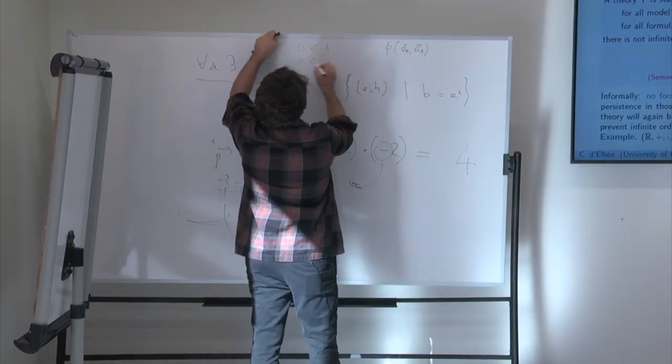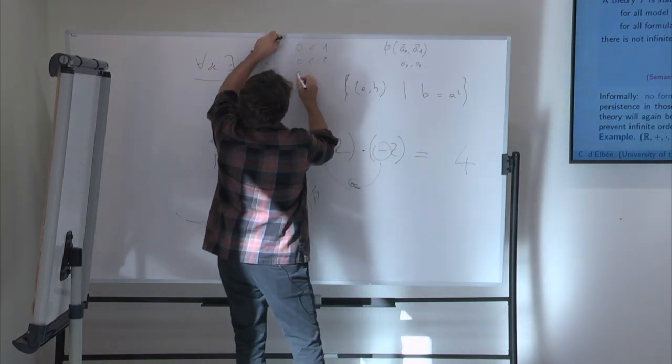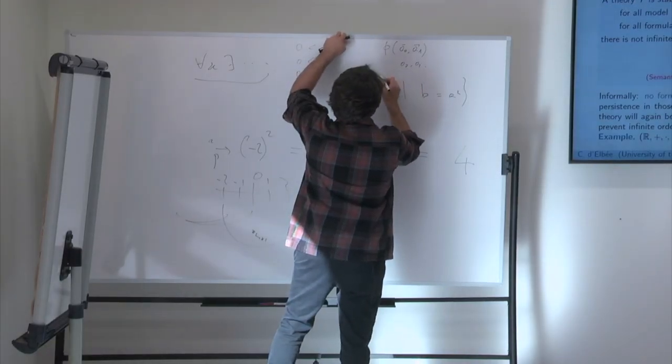And 0 is less than 2, so we also have phi of a_0, a_2. But 0 is not greater than 1, so this one fails, sorry.